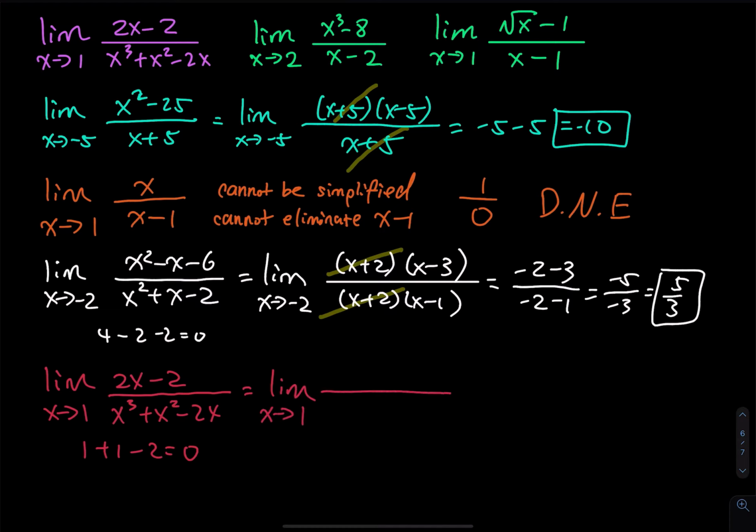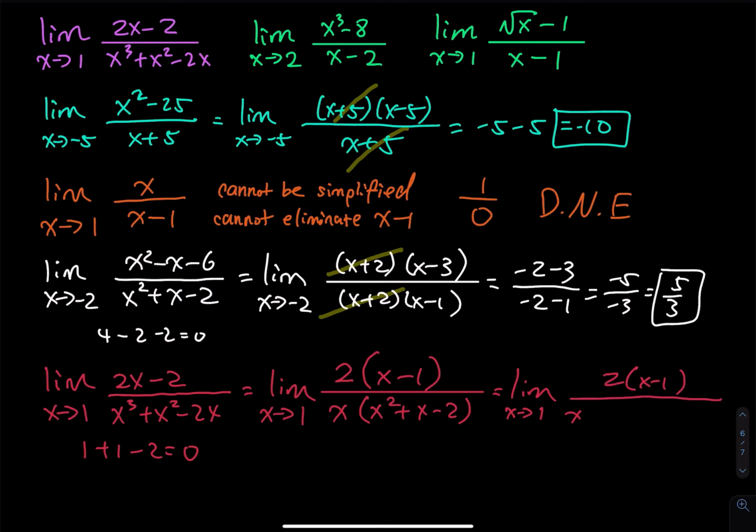This one, since the last term is not a constant, it's a negative 2x, I will just factor out x. So this is x squared plus x minus 2. The top, I'm not sure if that is necessary. Let's just do it first. Factor out the 2. You have x minus 1. And then you go ahead and factor the denominator one more time. The top, no change.